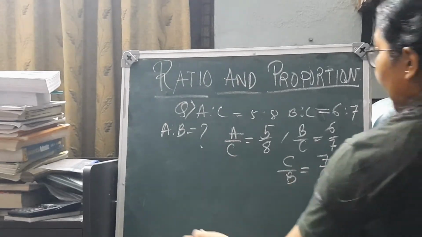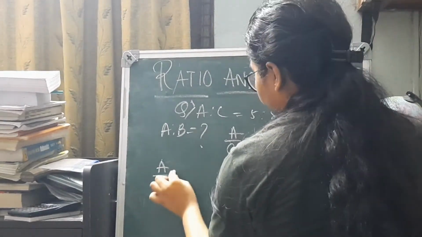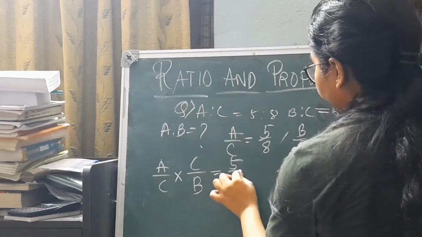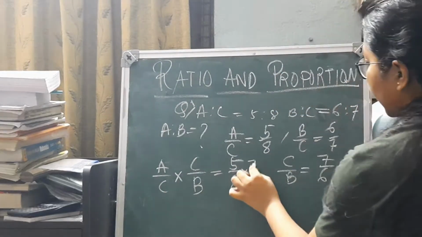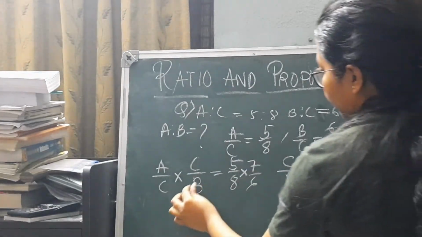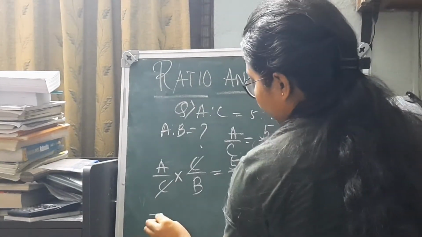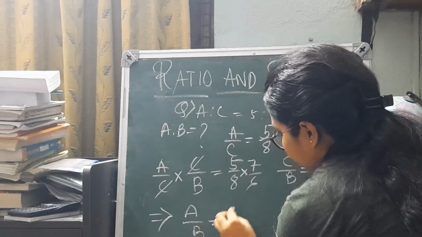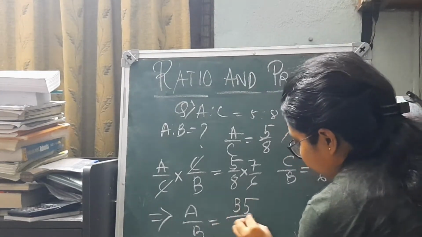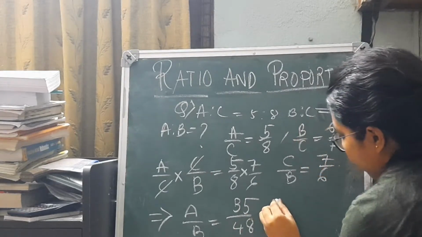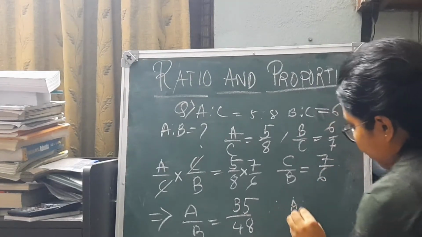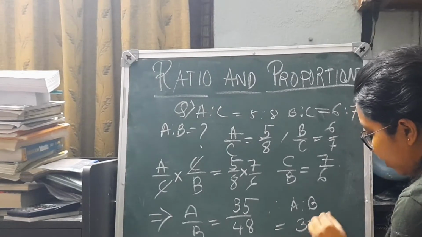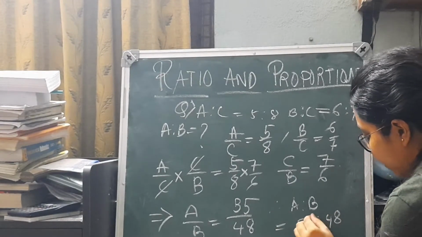If we multiply both of them, A by C into C by B, it turns out to be 5 by 8 into 7 by 6. We can easily cancel out the C's and our answer comes out A by B is equal to 35 by 48. Therefore, A is to B is equal to 35 is to 48.